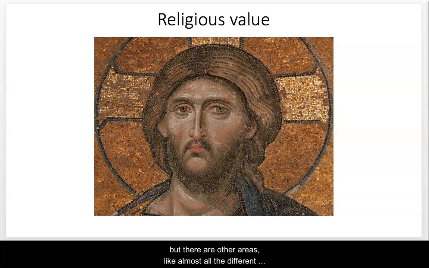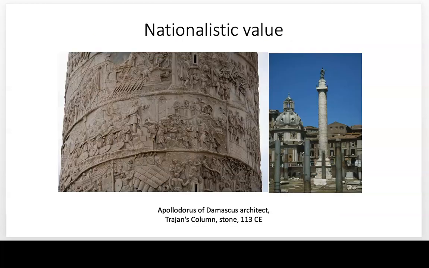But there were other areas, like almost all the different groups that we'll be looking at, made work, sometimes imagery, sometimes statues, sculpture, other times buildings that were very much part of the religious ritual. We'll be looking at ziggurats in the Mesopotamian era that had a symbolic dwelling for their gods. This is a common thing of value throughout the ages for art and objects.